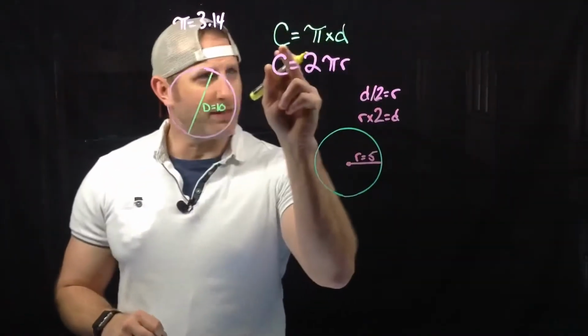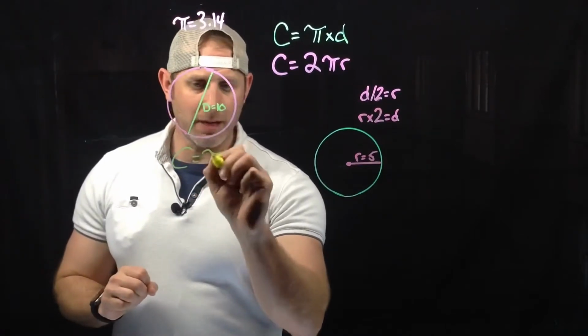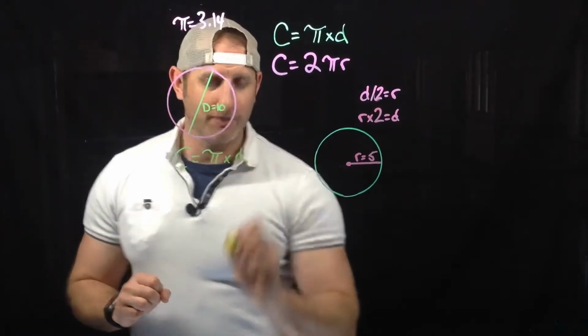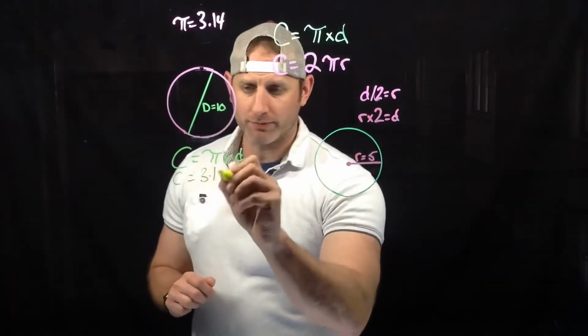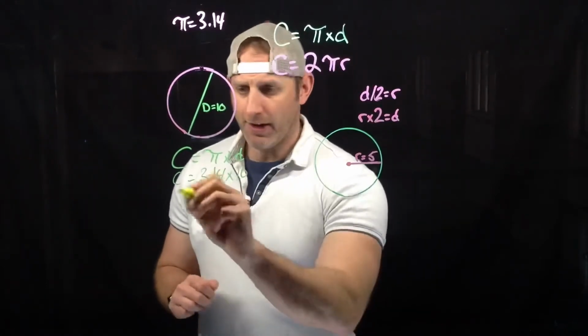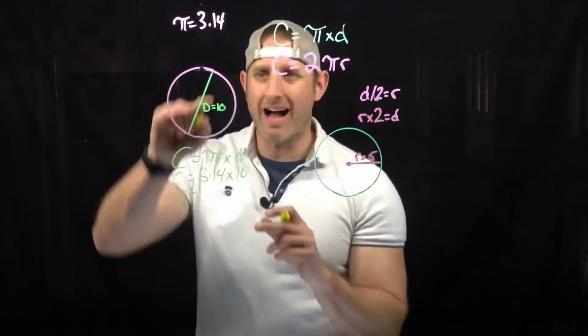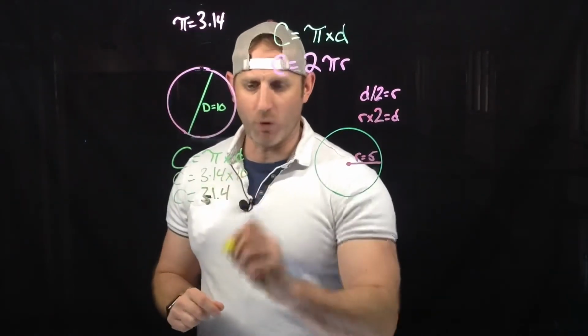If I'm following this formula right here, because I know the diameter, c is going to be equal to pi times diameter. C is going to be equal to 3.14 times diameter, which is 10. C is therefore going to have a distance around of 31.4.